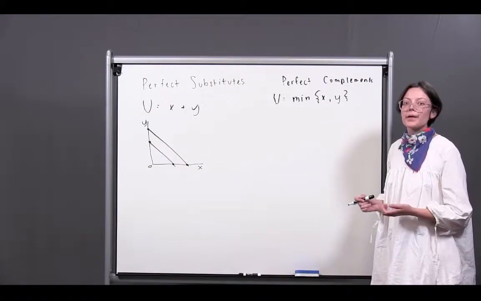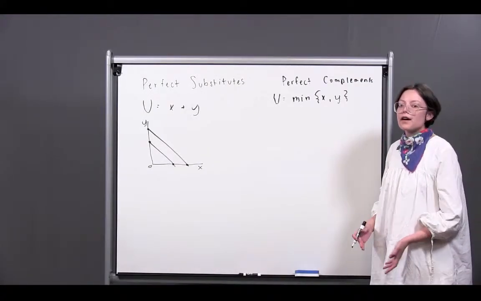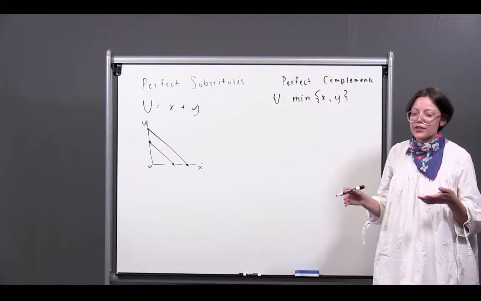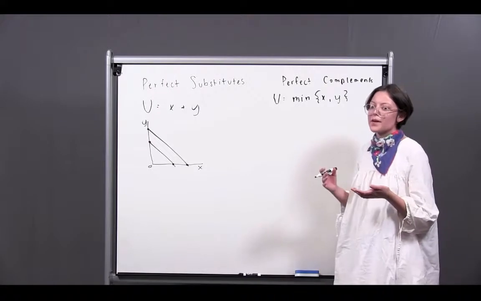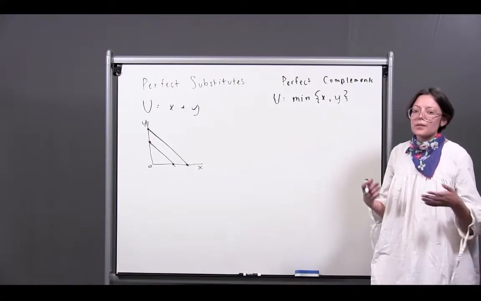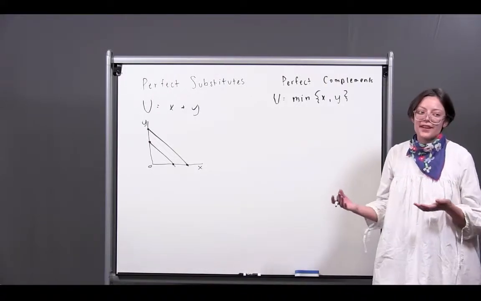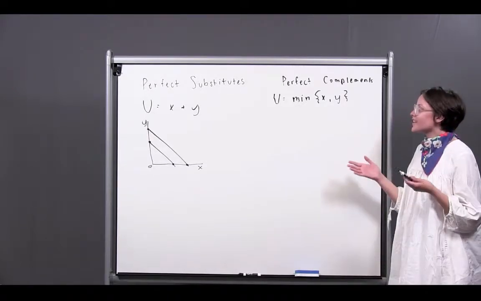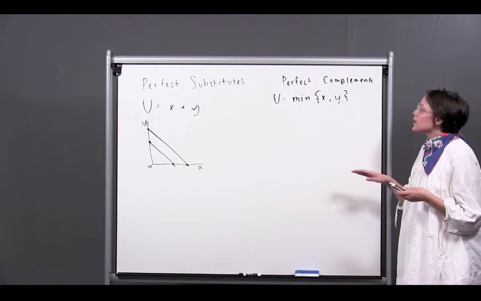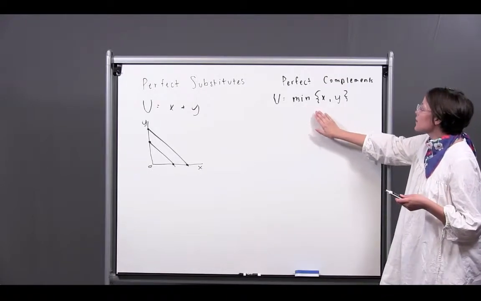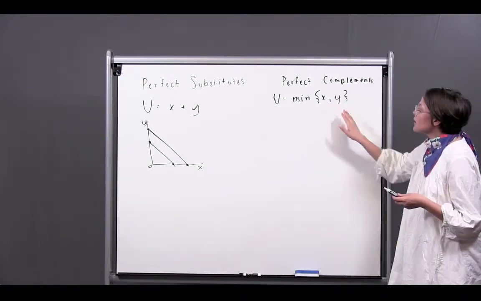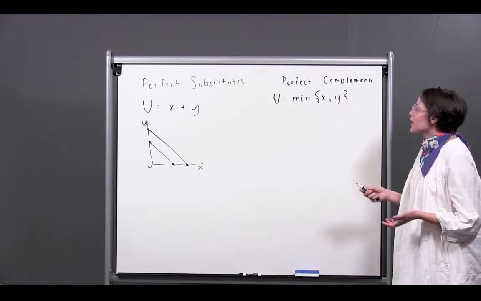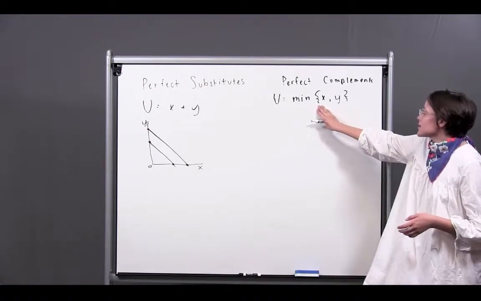So now for perfect complements. If you remember, perfect complements are when two goods rely upon each other to be consumed. An example might be peanut butter and jelly for peanut butter and jelly sandwiches. So the utility function shows that you can only consume the minimum of x or y. The smaller value, whether it's x or y, restricts your consumption.